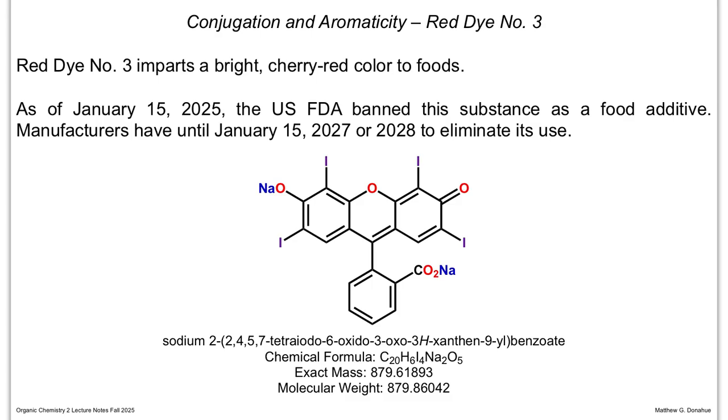I apologize, these slides are a bit dated, but there is a structure of red dye number 3. You can see all the conjugation in here. And notice these sodium plus, O minus. The oxygen has 3 lone pairs, so it's negatively charged.